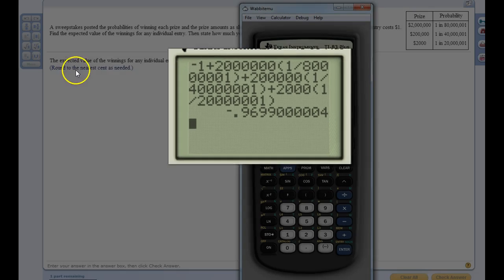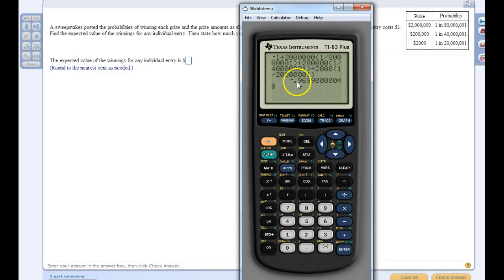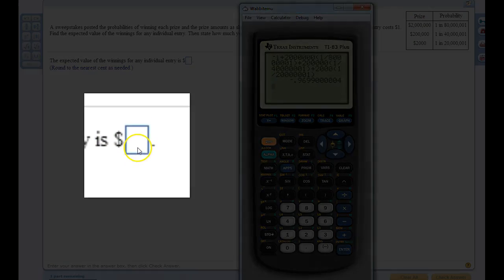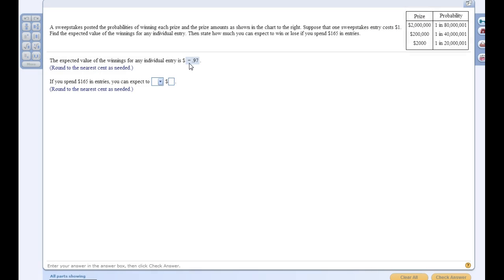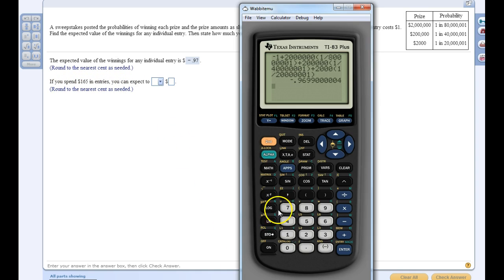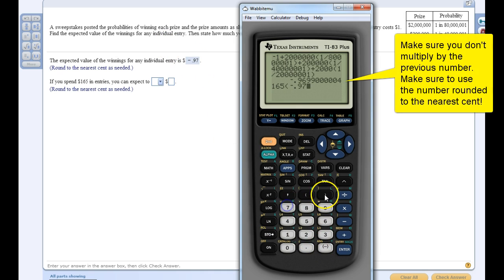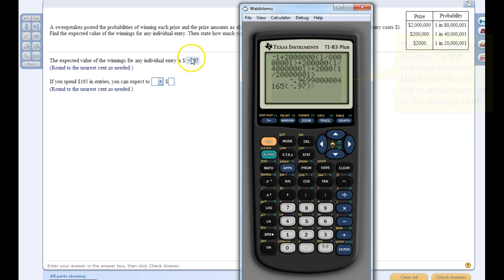Now to the nearest cent, if you bet $1, you're going to lose 97 cents. So we put in -97 there. Alright, now if you play 165 in entries, we're going to take $165 and multiply by this number right here, the -0.97. This is saying for every dollar we spend, we're going to lose 97 cents.